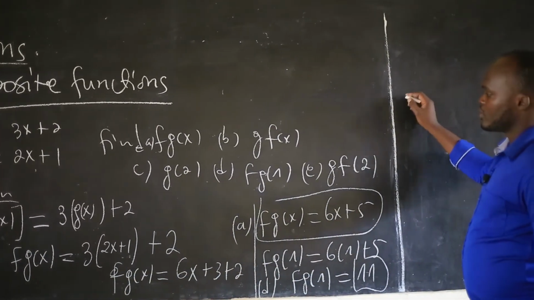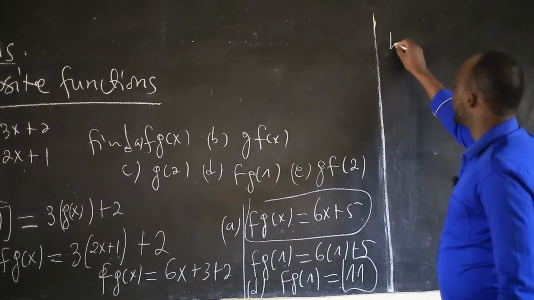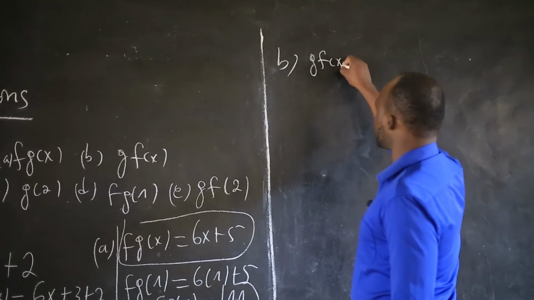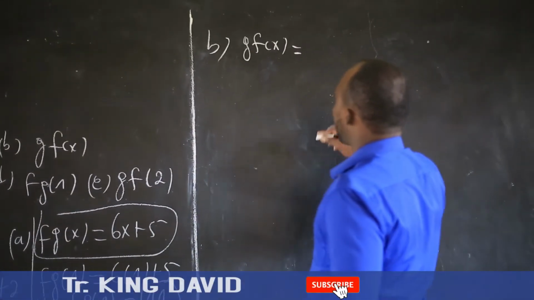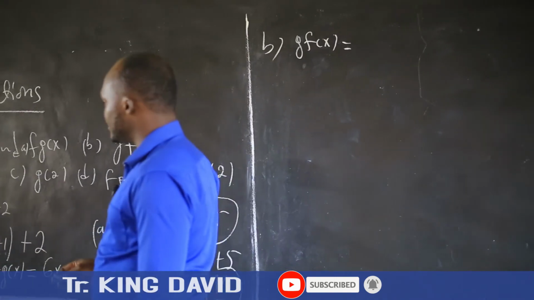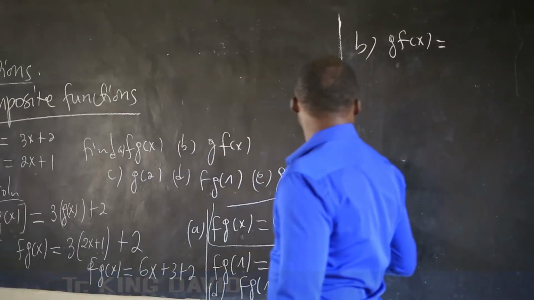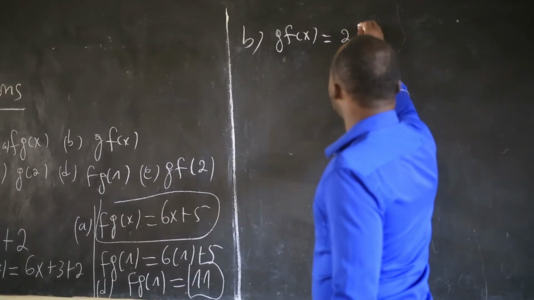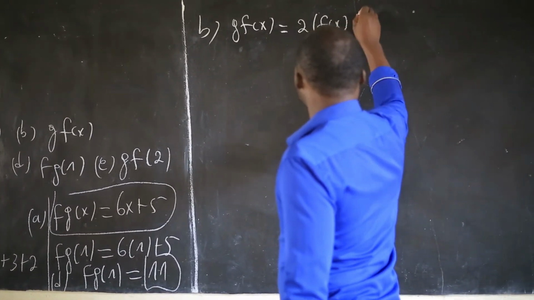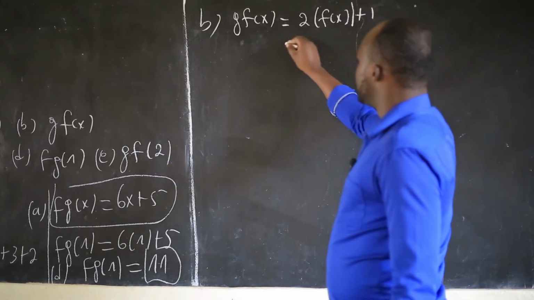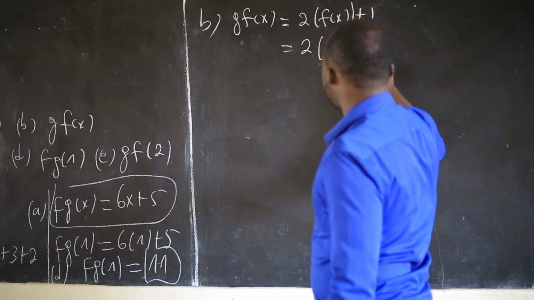So let me go to B. Our B is saying gf of x. So meaning that I have to go in g of x. What is g of x? It is 2x plus 1. Where there is x, I put there, that is 2 into f of x plus 1. What is the value of f of x?